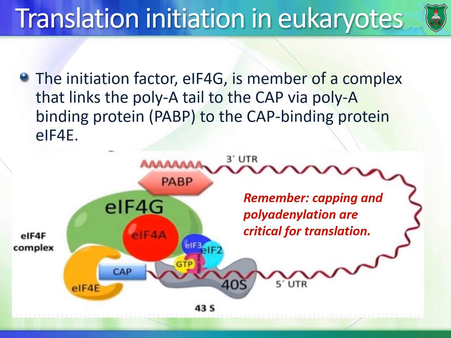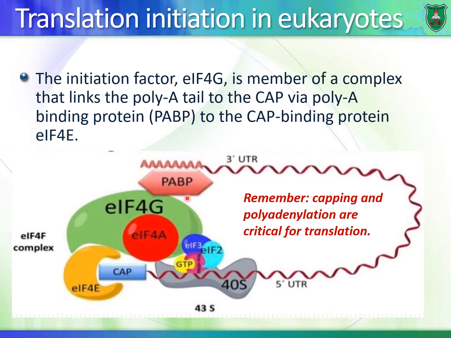So what happens here is when you have this interaction between the small ribosomal subunit and the complex of proteins, you have interaction between the initiation factor 4G that I just told you about and the poly A tail binding protein, which recognizes the poly A tail.